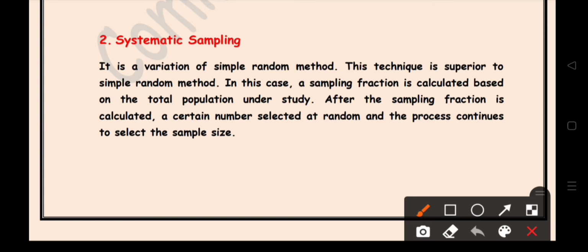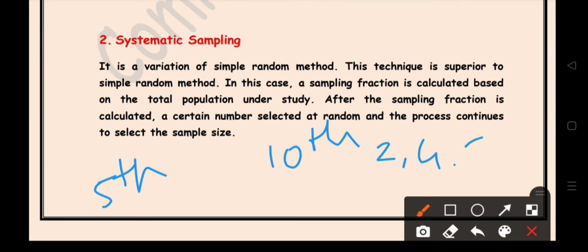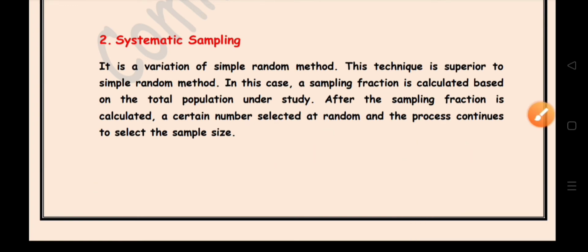He will decide whether to take every 10th unit from the sample, or any unit which is a multiple of 5, or any even-numbered unit, let's say 2, 4, 6, 8, etc. So in this kind of sampling, the researcher will follow a systematic method to select his sample.